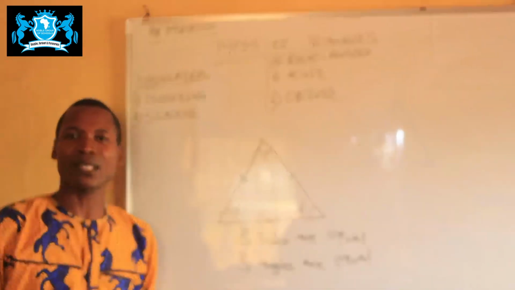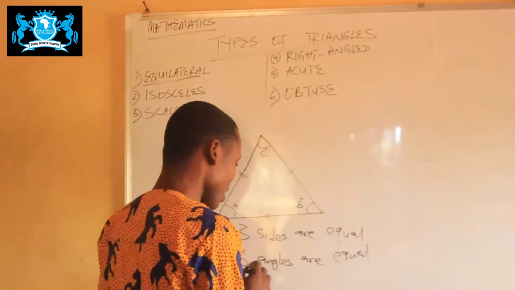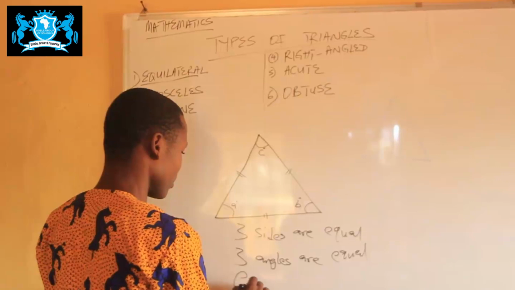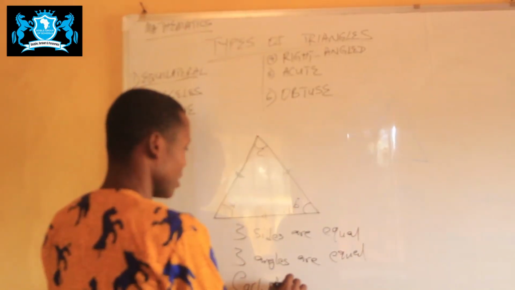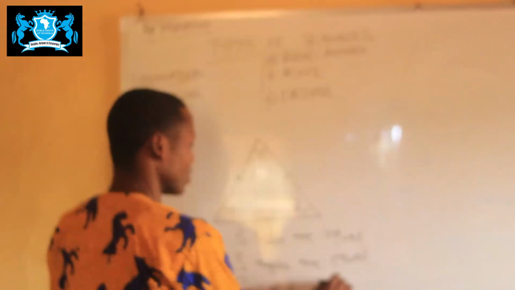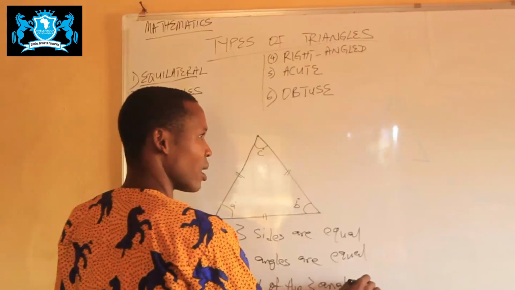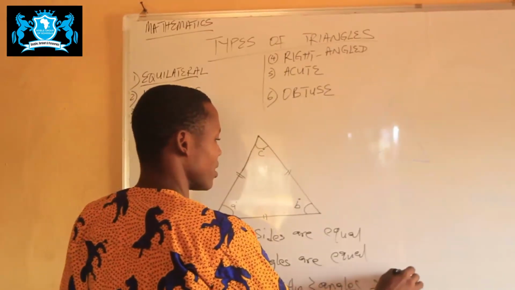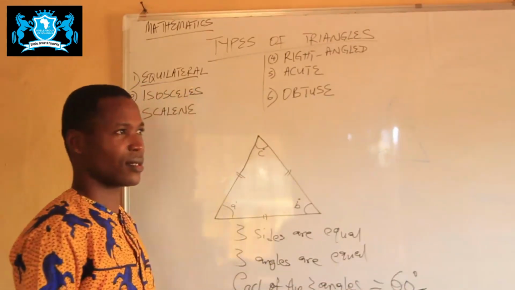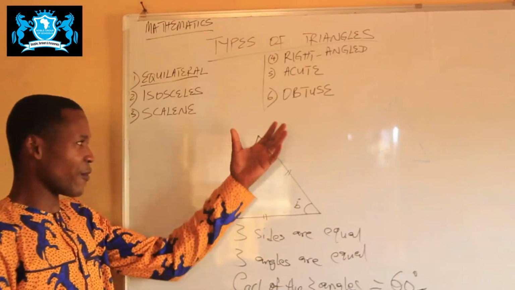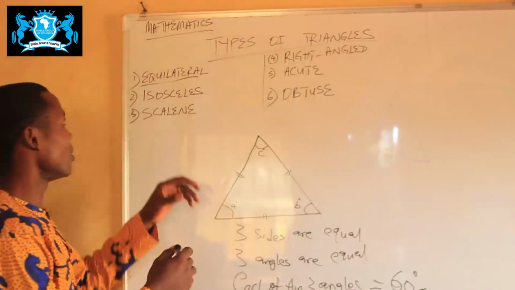And if the 3 angles are equal, it means that each of the 3 angles equals 60 degrees. This is the fact for an equilateral triangle.